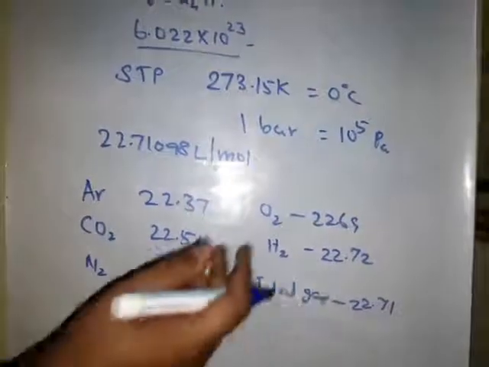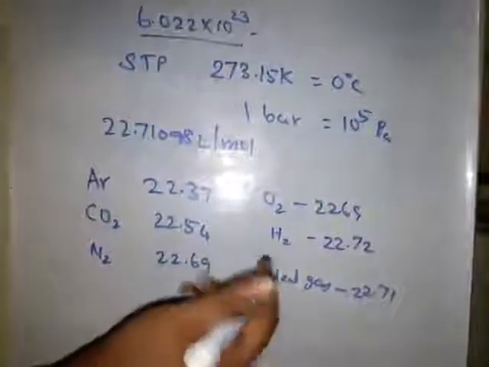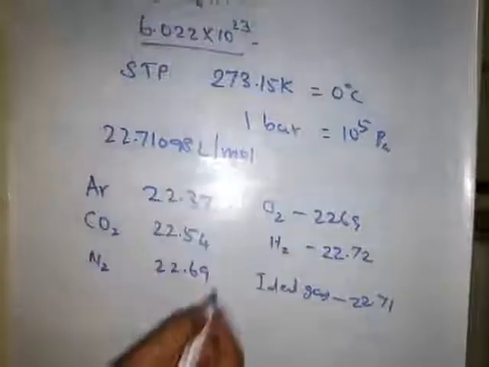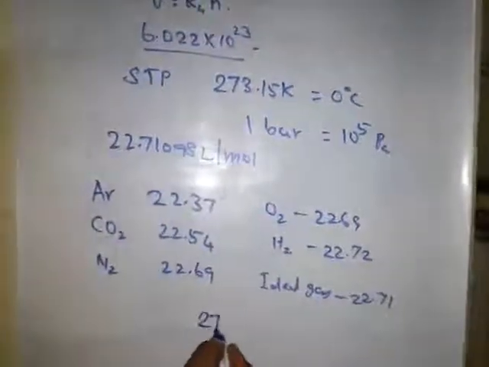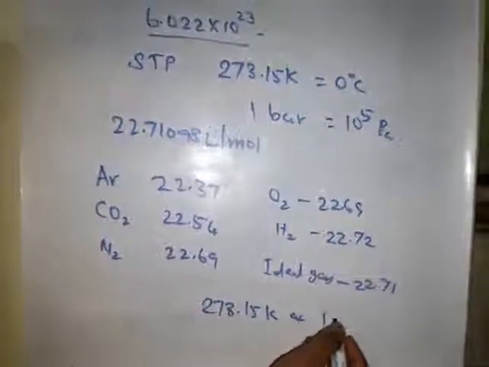These are the molar volumes per mole of a gas at 273.15 Kelvin and 1 bar pressure.